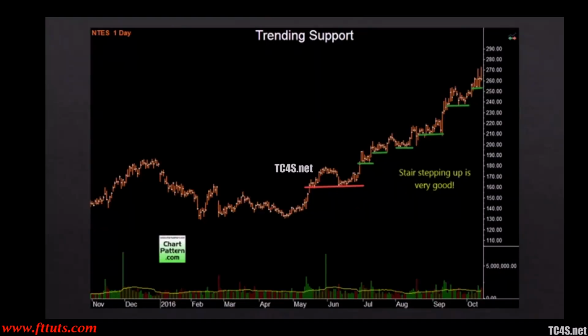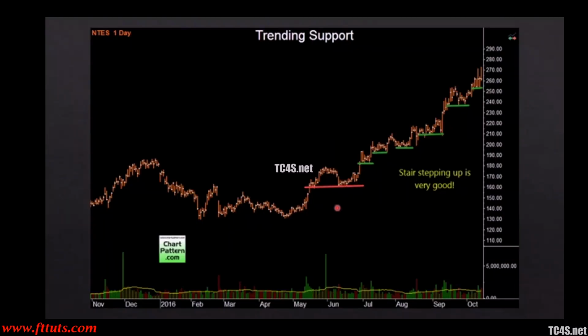Now, when we look at support and resistance, I want to show you a perfect example of what trending support looks like. You'll notice that in the past here to the left, NTES was coming down and there's a few swing point highs, and it overcomes them right here. And I'm not going to explain the pattern or anything to the left because we're not there yet. But you'll notice I put a red mark underneath this, even though this is a green support.